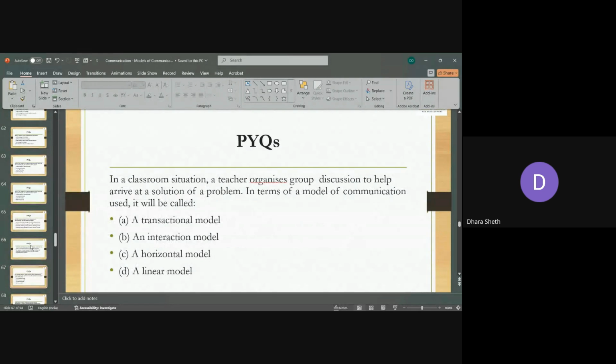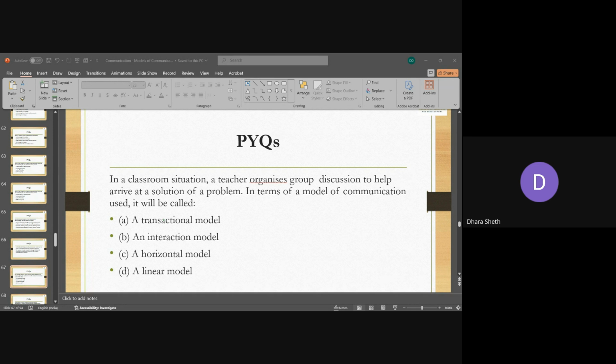In a classroom situation, a teacher organizes group discussion to help arrive at a solution of a problem. In terms of model of communication, what will be used? Transactional, interaction, horizontal, linear. So remember, transactional is when both sides can simultaneously speak.